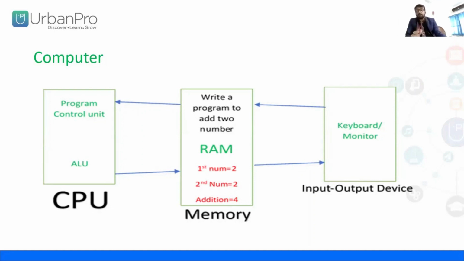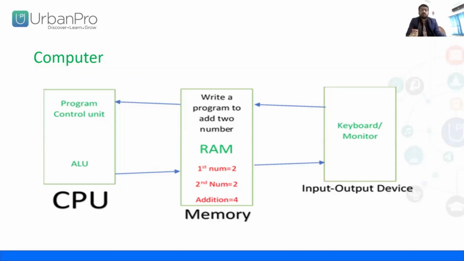Suppose you want the computer to add two numbers, you will have to write a program in either Fortran, Basic, C, C++, Pascal, Java, in any English-like language. There we were using English, but here we are using an English-like language.